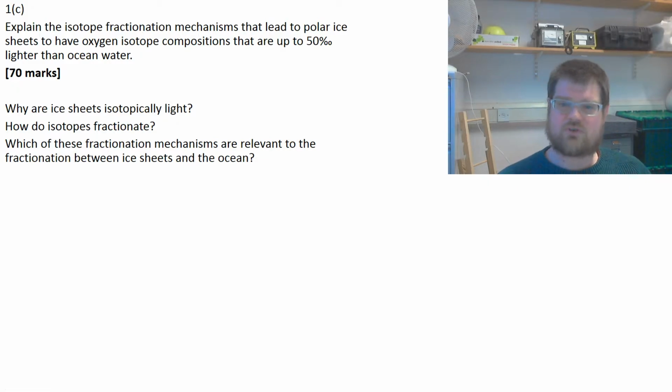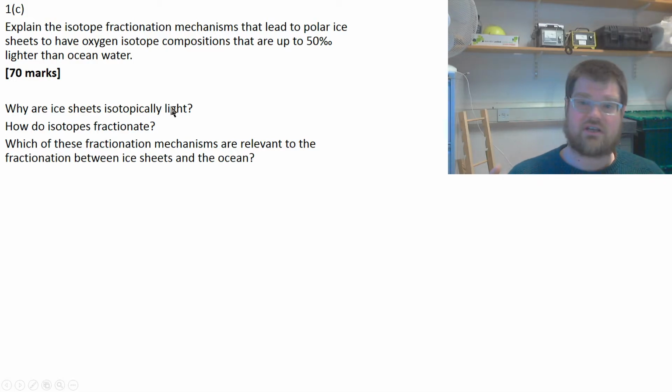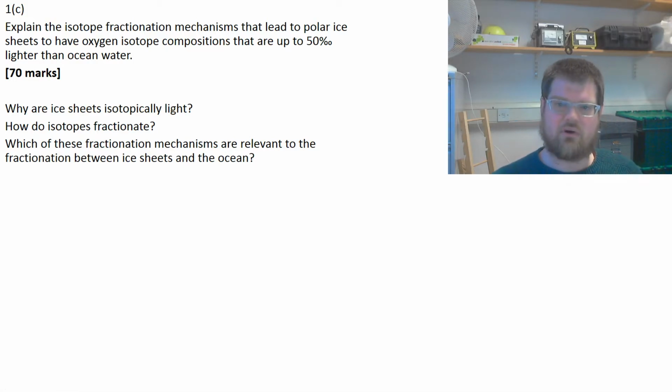And then more specifically, we could try and narrow this down. Which of the possible fractionation mechanisms are actually relevant to this question? Which ones are relevant for the formation of ice sheets? What processes go on taking water from the ocean to an ice sheet, and how do those individual physical processes affect the isotope transfer from the ocean to the ice sheets?